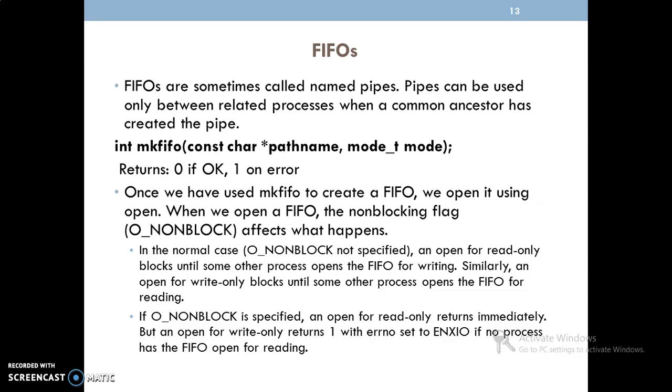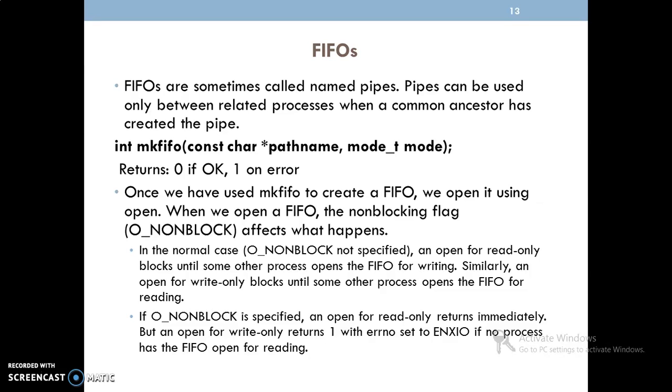So this indicates that if I do not specify the O_NONBLOCK flag, then when we open the FIFO file for reading, it will be blocked until some other process opens the FIFO for writing.